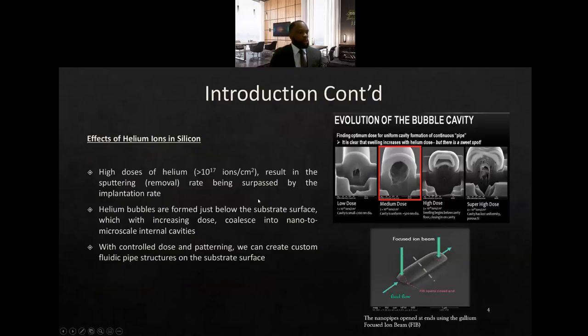So we somewhat characterized the dosage or the dose of the helium ion and the implication of what it causes in the substrate. So here we have at a low dose 1 times 10 to the 18 ions per centimeter squared, the beginning of the occurrence of the cavity, but we see that as we double that dosage, we have identified a sweet spot where we have a medium dose and we have some level of uniformity in the cavity being formed.